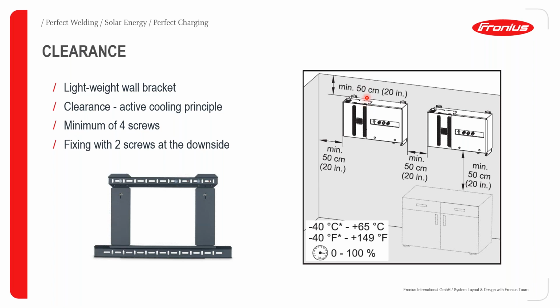From the top of the inverter, we do recommend minimum 50 centimeters. And then from the side of the inverter, also a minimum of 50 centimeters. And that would also allow you, within that spacing of 50 centimeters, to install a second inverter if you have a system that is going to be using multiple inverters.